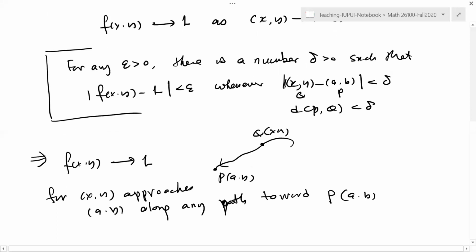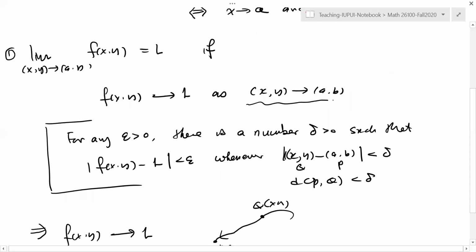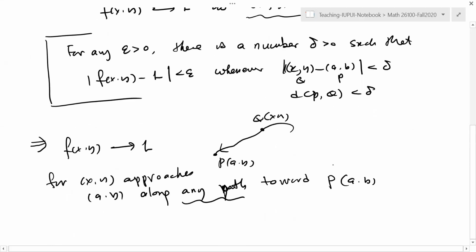So I didn't mention the path at the very beginning in the definition. When I say this approach, that means it approaches that point from all directions. So this is slightly different here, just along a path.